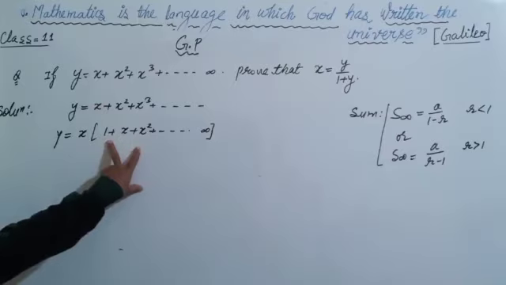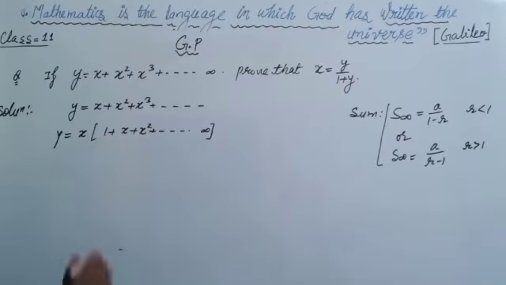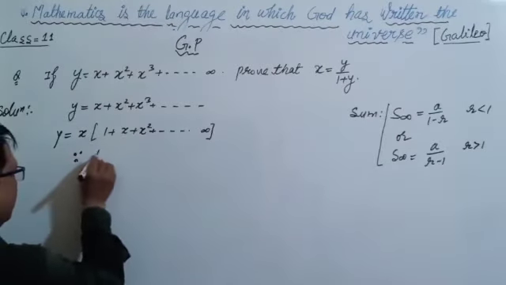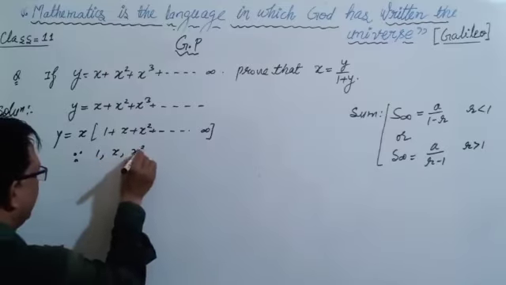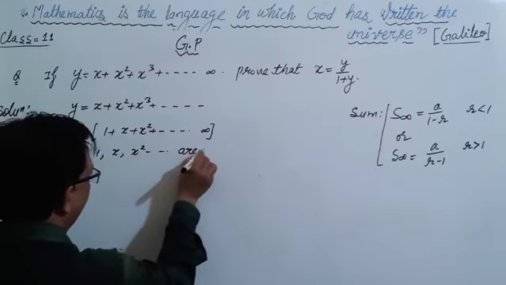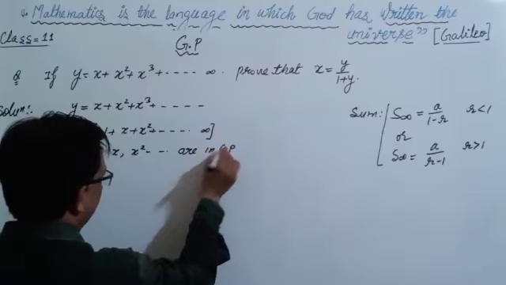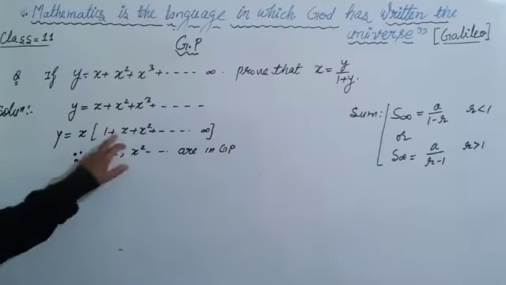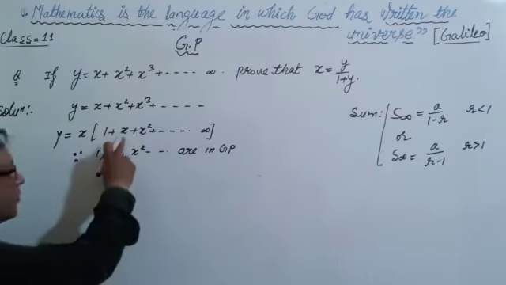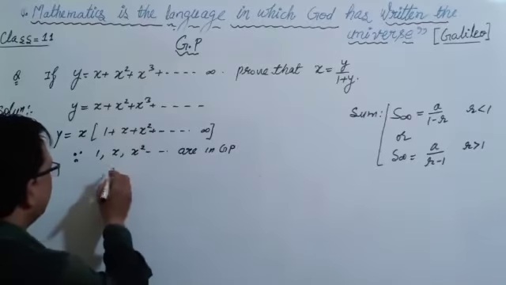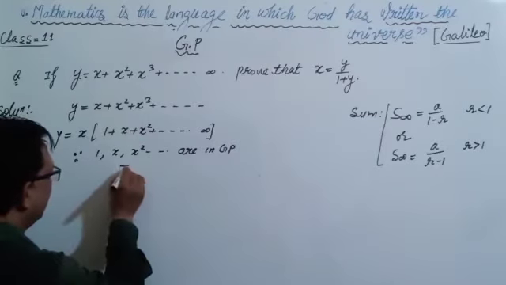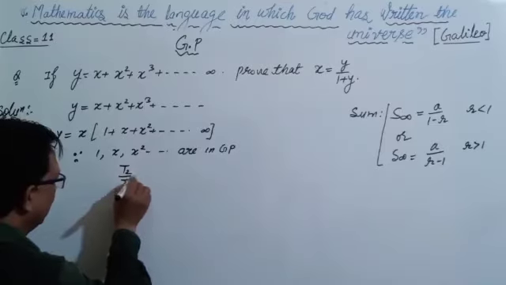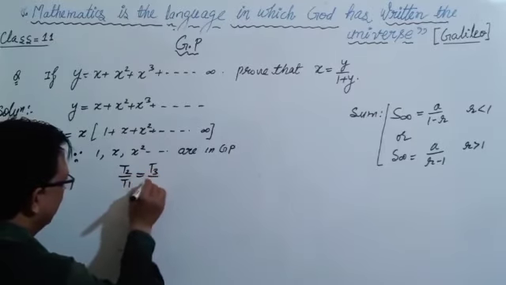This is a GP series. 1, x, x square, dot dot dot are in GP, and the common ratio is always the second term, x. How do we say that? Now let us see. Common ratio T2 upon T1 is equal to T3 upon T2.